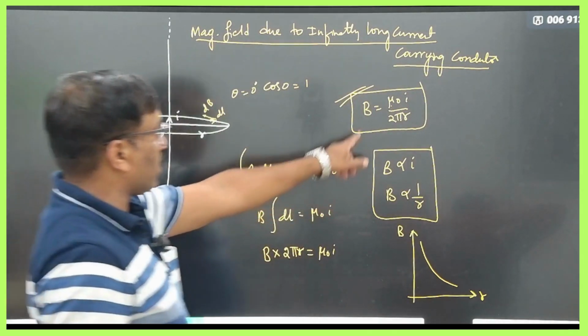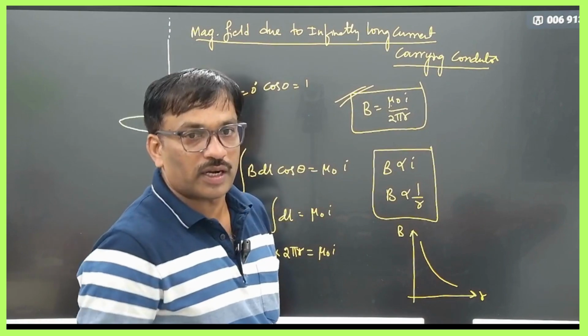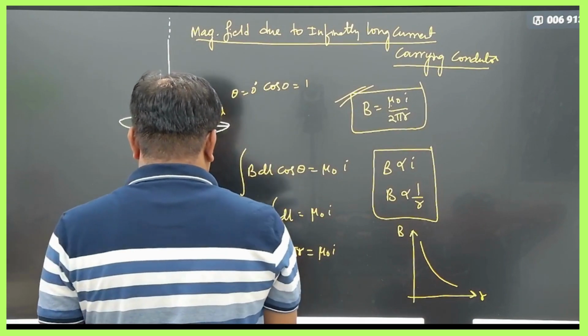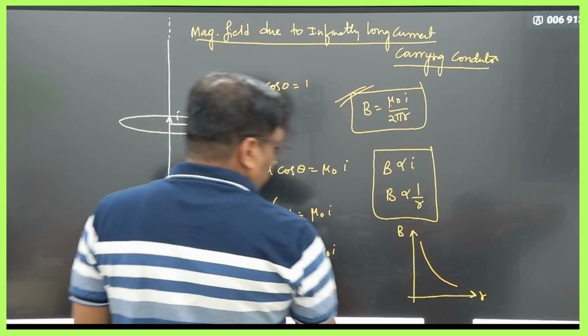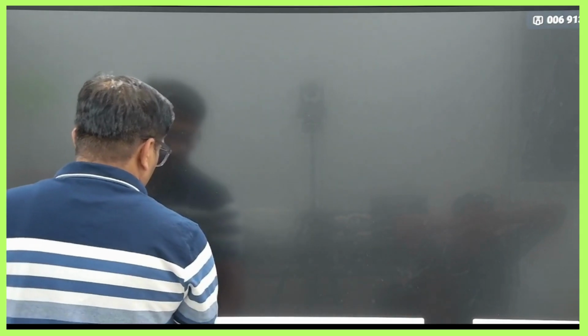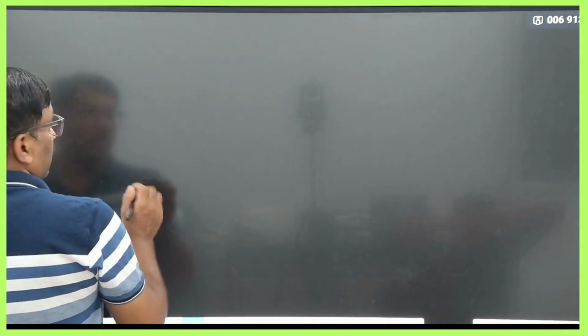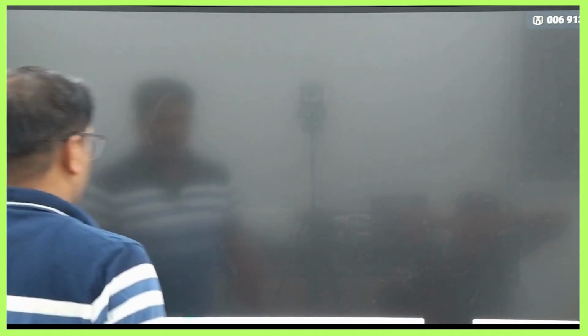So what is the formula? B equals mu naught I by 2 pi r. So similarly, now we understood. Remember that here only the logic is there, here only the technique is there.